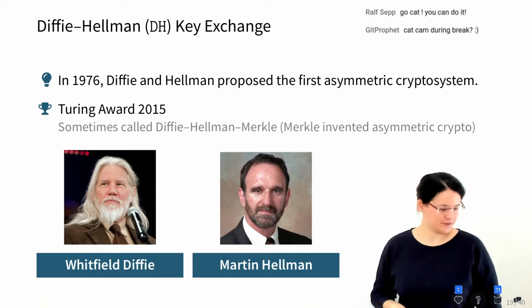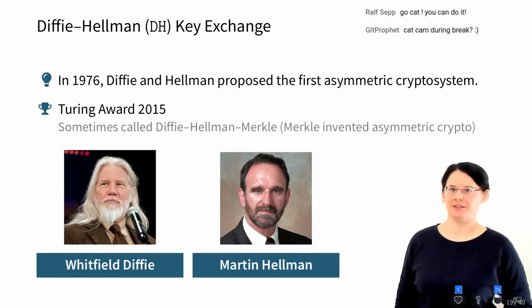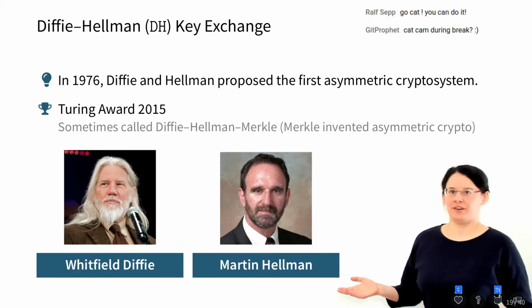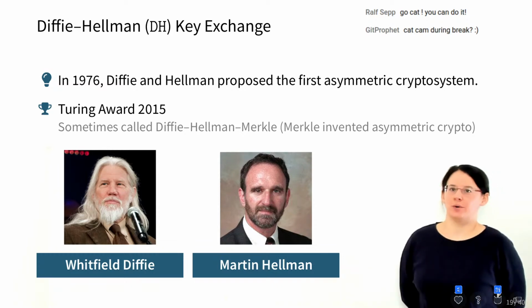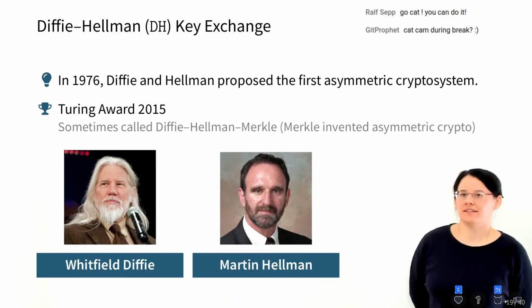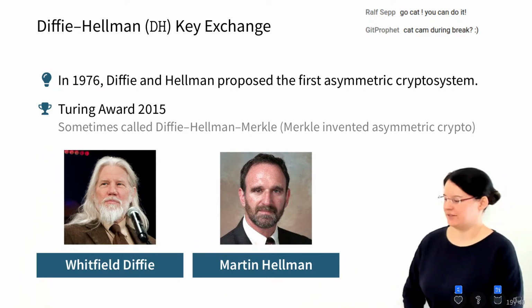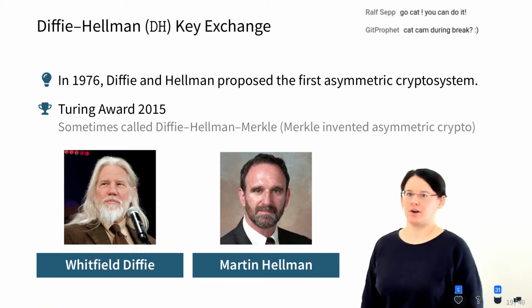So many of the ongoing publications and research items also deal with this, which is of course a very good reason to award it with the Turing Award, which happened in 2015. The two guys who are responsible for building this construction are Whitfield Diffie and Martin Hellman.